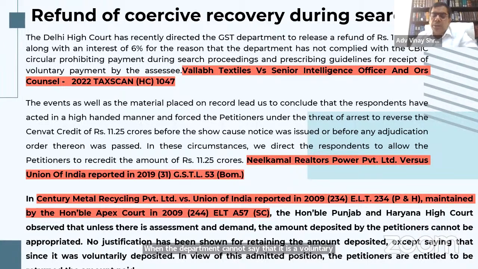So it has been a very well established principle of law that if the amount is deposited in the course of search, seizure operation or summoning procedure, then the amount has to be refunded and the department is entitled to take action in accordance with the law by issue of a show cause notice.